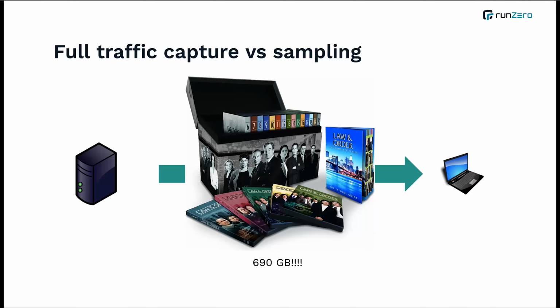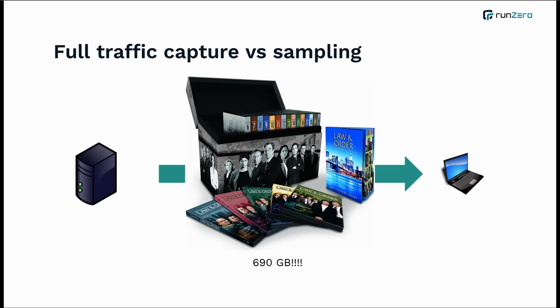So let's suppose I were to download or stream the entire 345 hours of Law and Order, which comes out to about 690 gigabytes by my estimation. A traditional passive discovery capability would need to analyze all 690 gigabytes of it to do its job. With traffic sampling, on the other hand, we are only interested in just enough information to identify an asset or to improve our fingerprint of that asset.